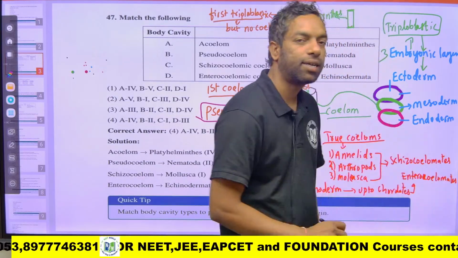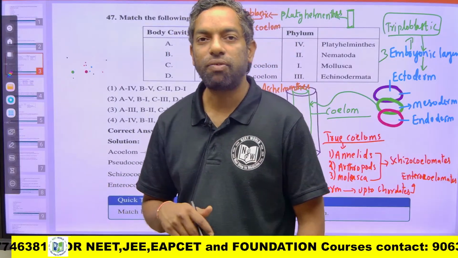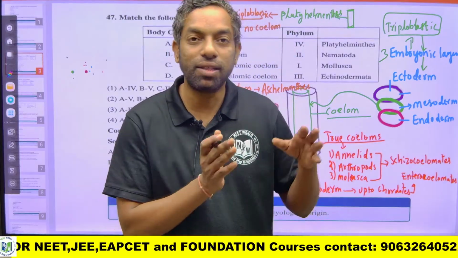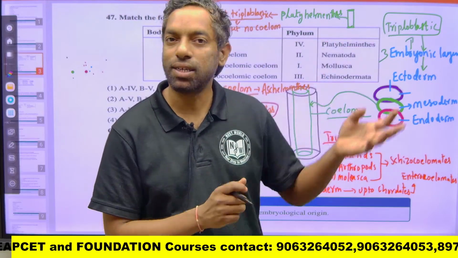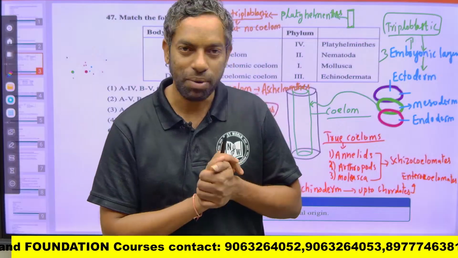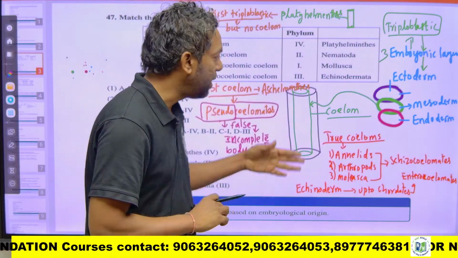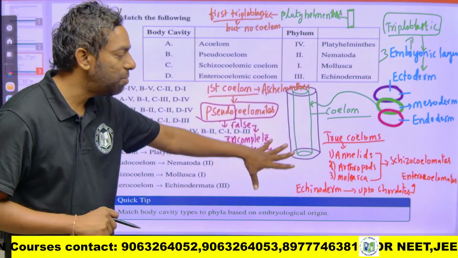We will discuss what cyjocoelomates are, what enterocoelomates are, and the difference between cyjocoelom and enterocoelom. We will discuss the structural organization in the coming sessions, do not worry, and here I am going to end.